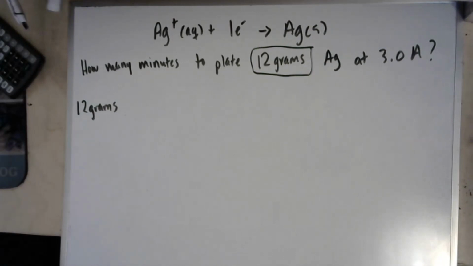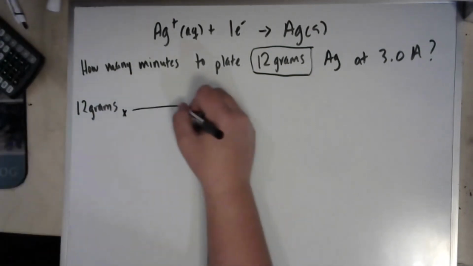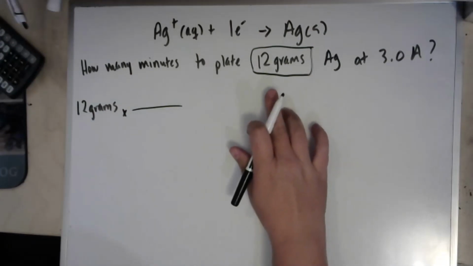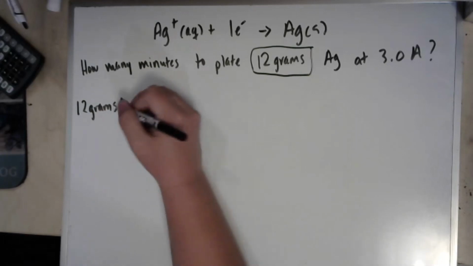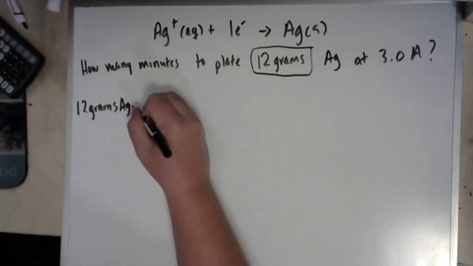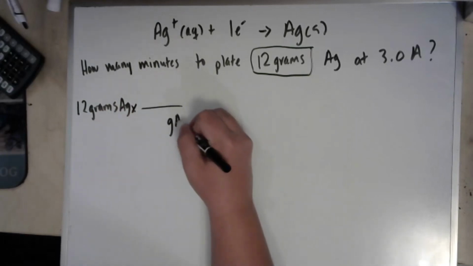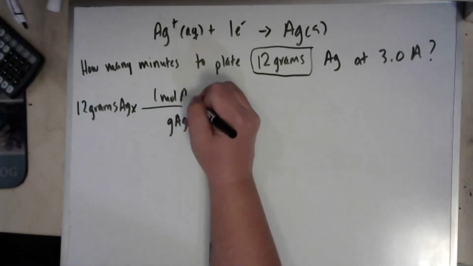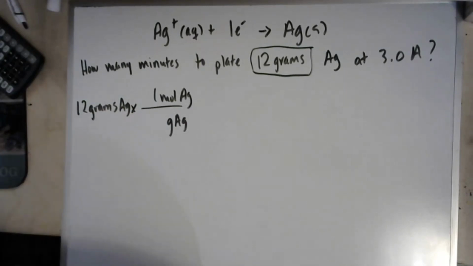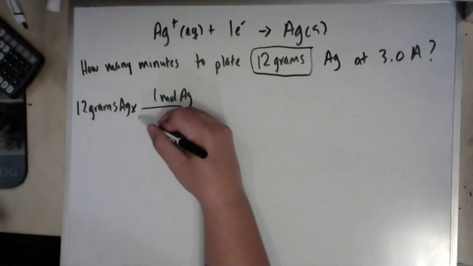So we're going to pull out our periodic table. And we want 12 grams of silver. Let's be real specific there. So we're going to use our periodic table to turn grams of silver into moles of silver. So that is 107.87.